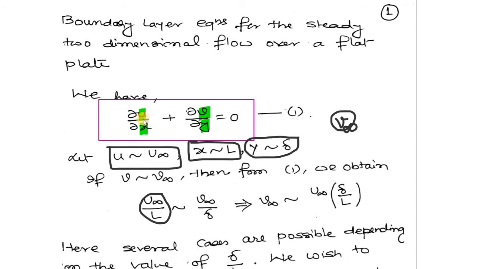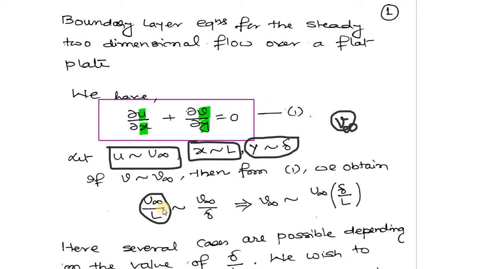It means these two terms are somehow comparable, and they are nullifying the effect of each other. We don't have to consider the negative sign because we are only considering the magnitude. So the order of magnitude of this should be comparable to the order of magnitude of this.